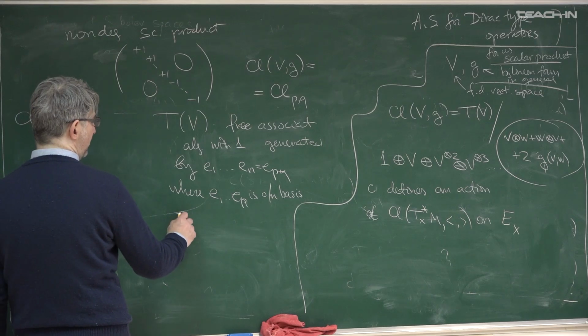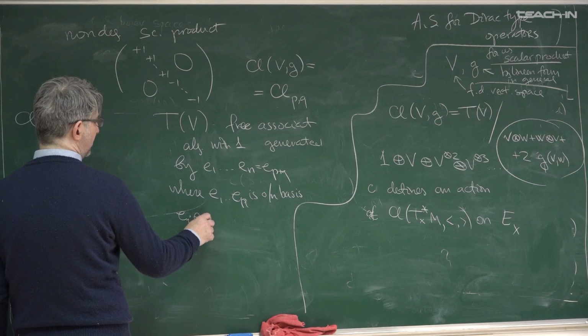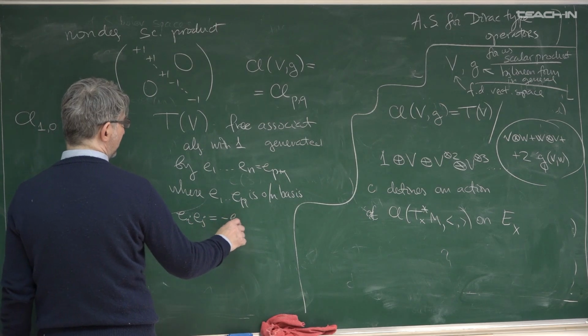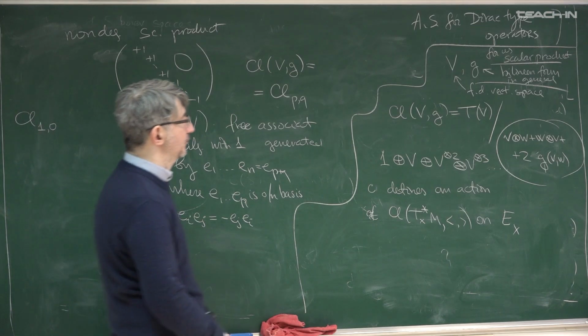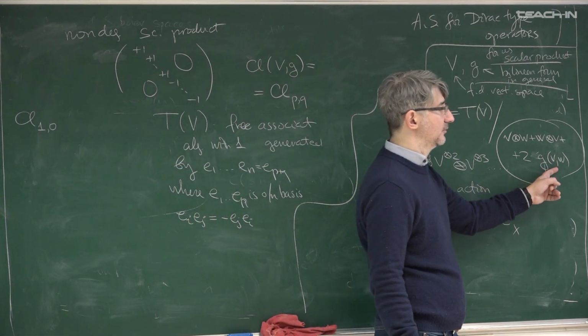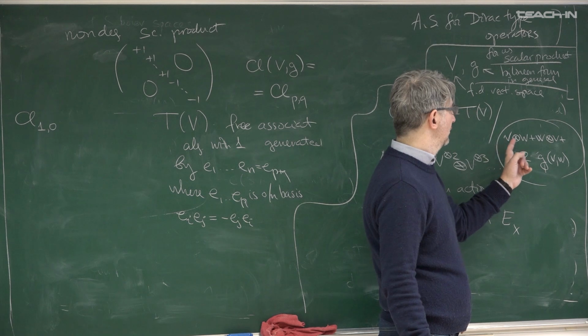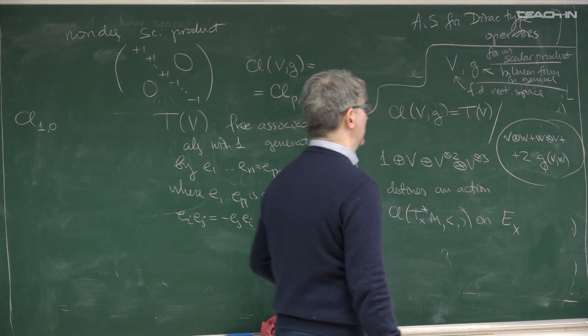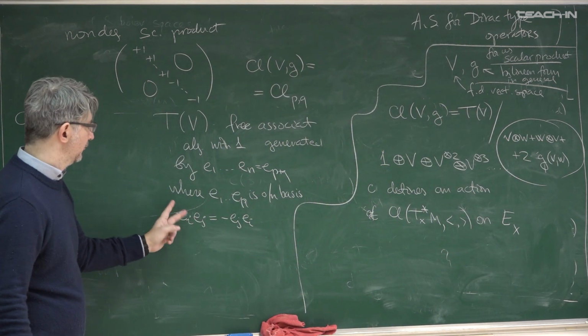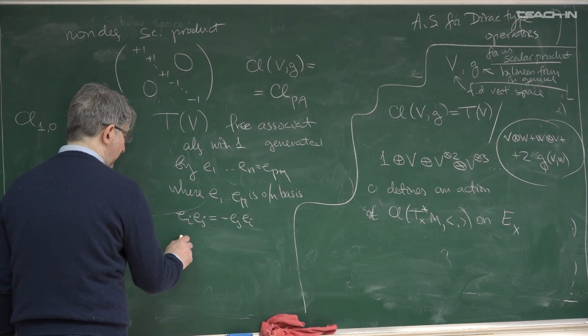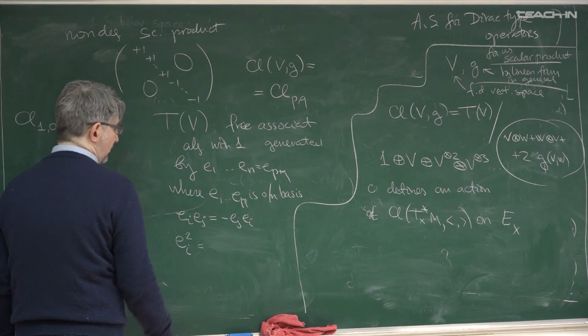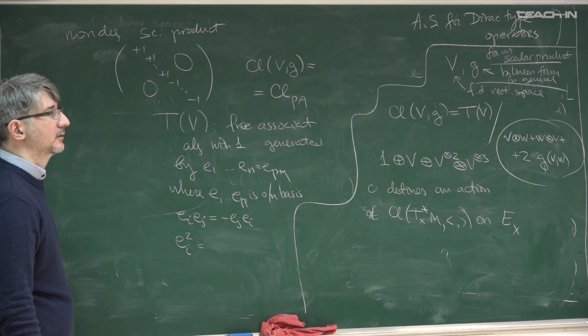Very simple. If you take e_i and multiply it by e_j, it will be minus e_j e_i. Why? Because the scalar product in this case is 0, so if you interchange the order of these two things, it will change sign. What happens if you take e_i squared? There are two different options.